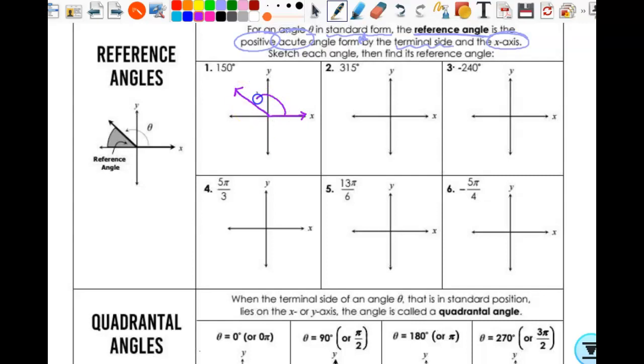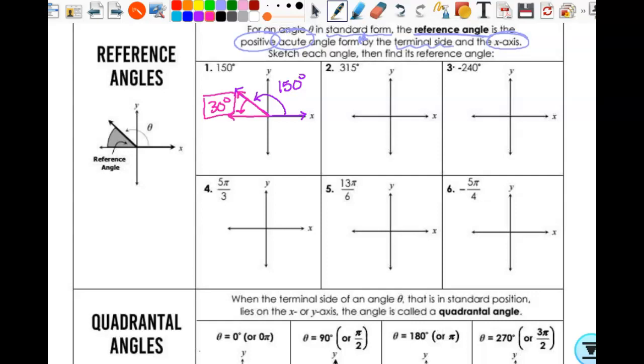That makes 150 degrees. The reference angle is the shortest way back to the x-axis. It's this angle right here. And what's that measure? 30, because it's another 30 degrees. Your reference angle is 30 for 150. Everybody good with that?